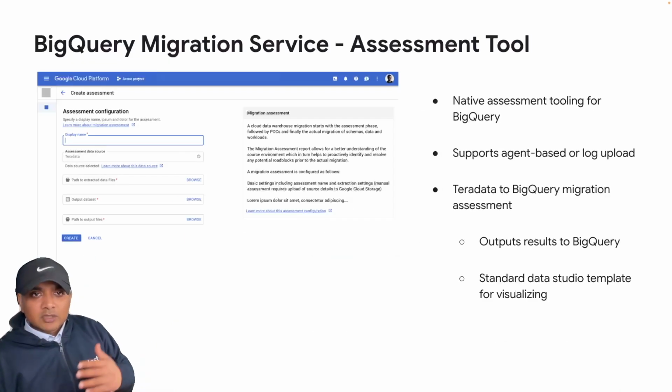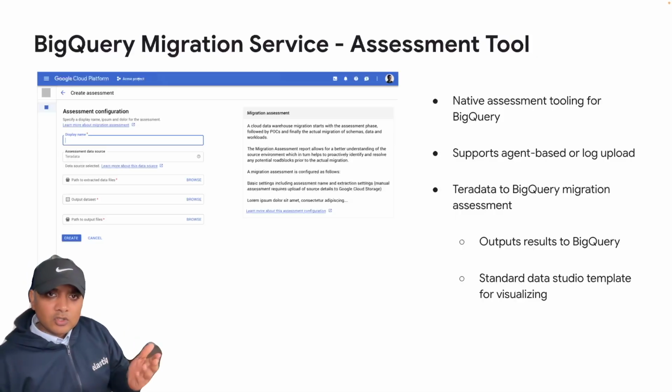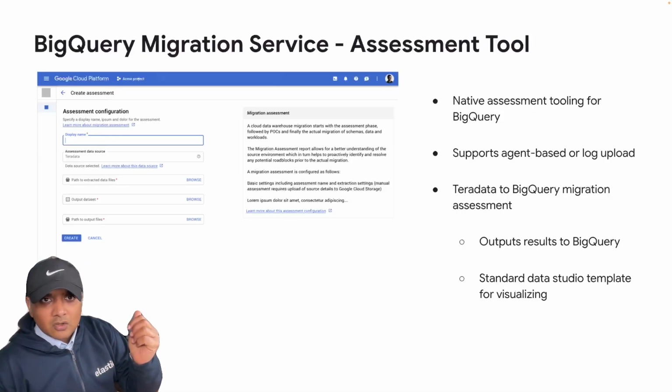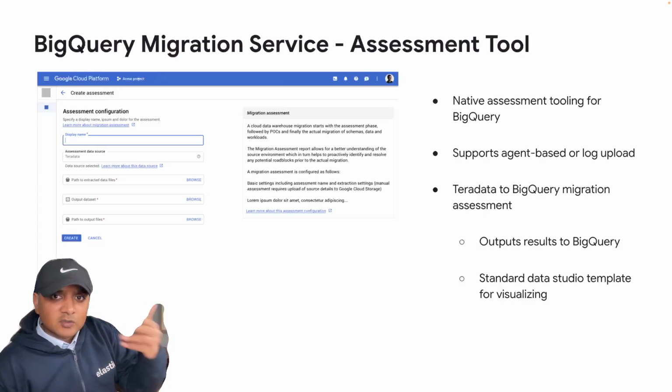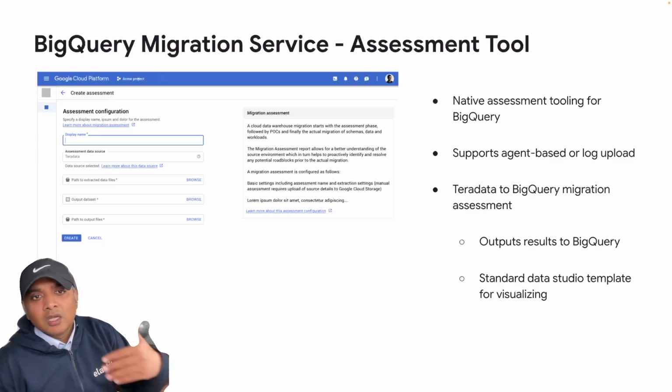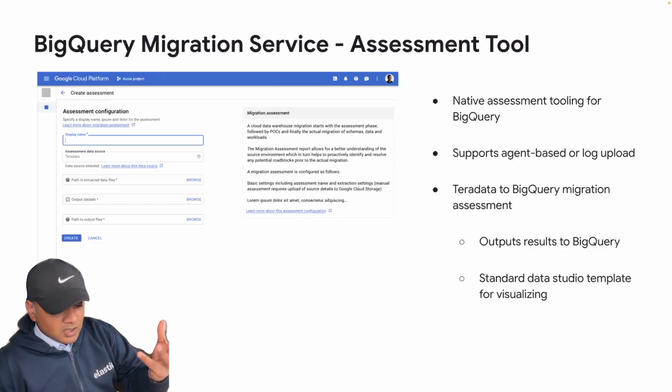For data warehouse assessment, sometimes we use solution accelerators. For example, Google provides a solution accelerator called the BigQuery Migration Service Assessment Tool. You can assess the current environment for many traditional data warehouses. For example, while migrating from Teradata to BigQuery, you can assess the current environment, export all the outputs into BigQuery and use it as a Data Studio report.